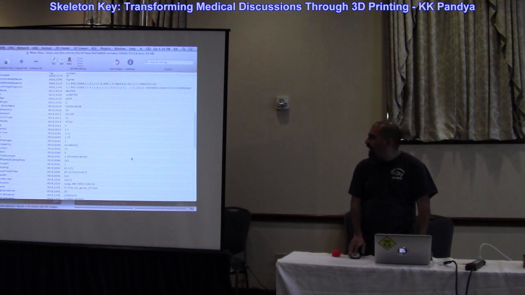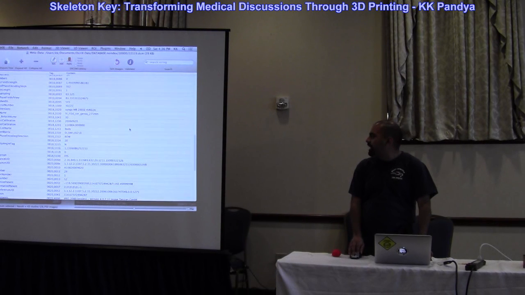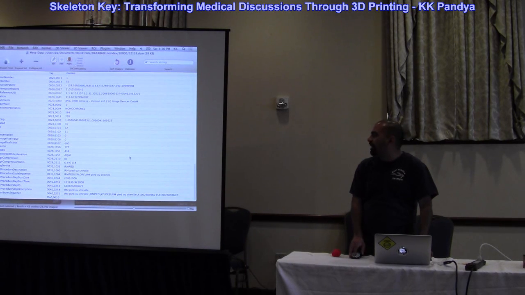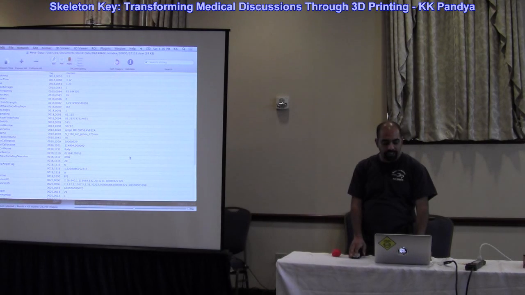But there's also a fair amount of personal identifying information about a patient that can be stored in here too. So that's just an aside from a privacy perspective, to keep a hold on where your imaging gets distributed to.